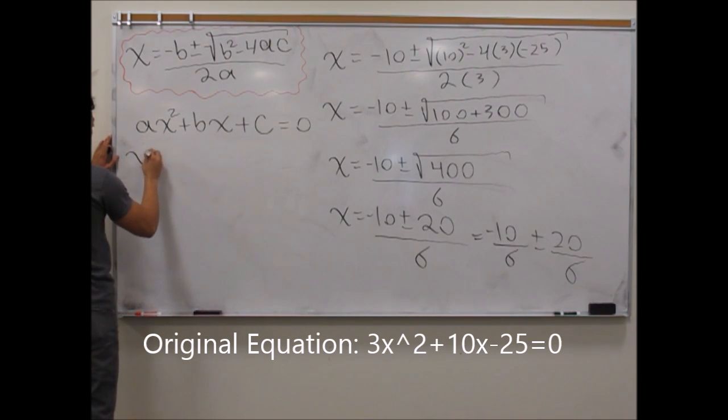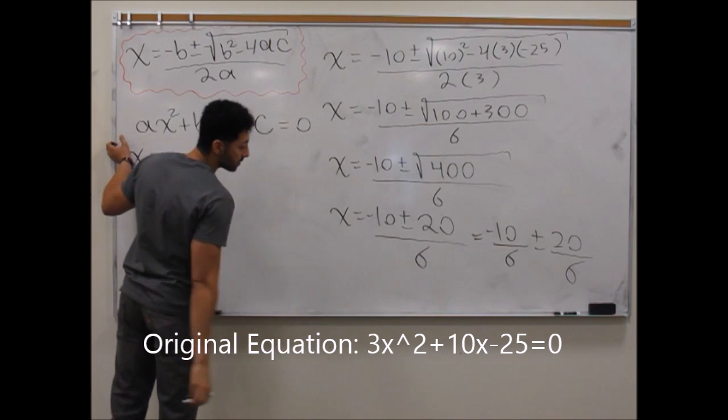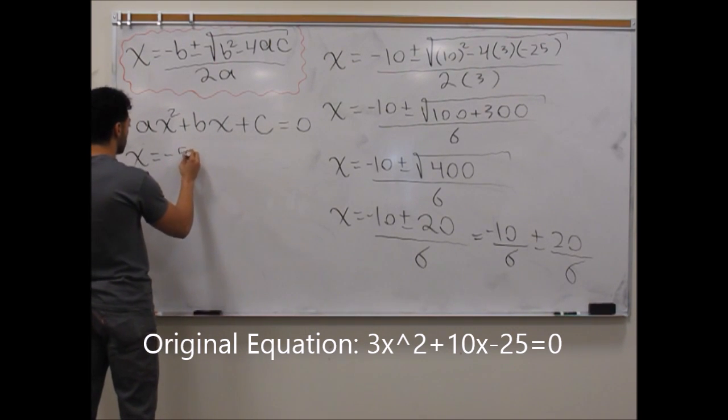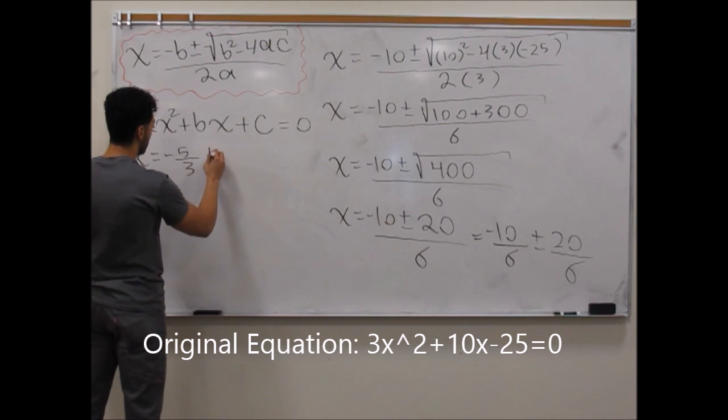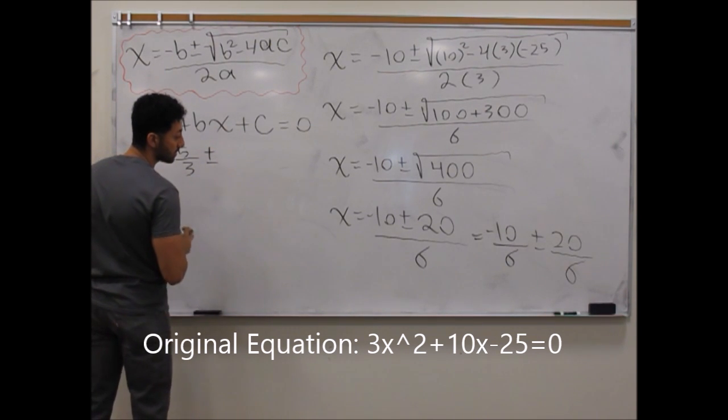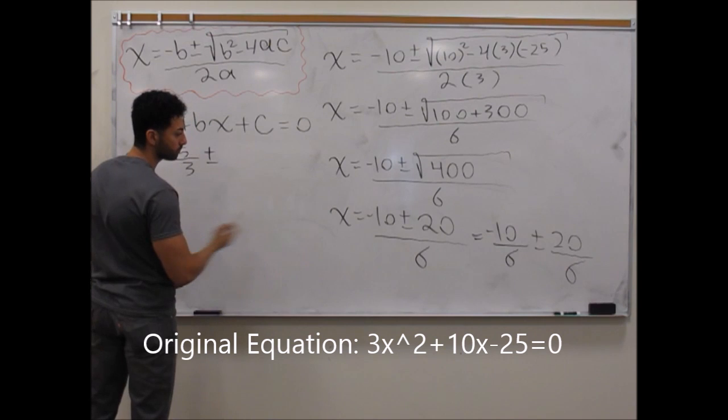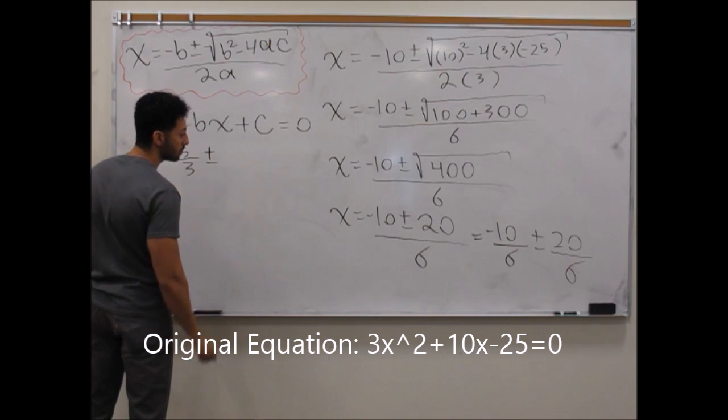So we got x is equal to negative 10 over 6 is negative 5/3 plus or minus 20 over 6, is that 10/3?